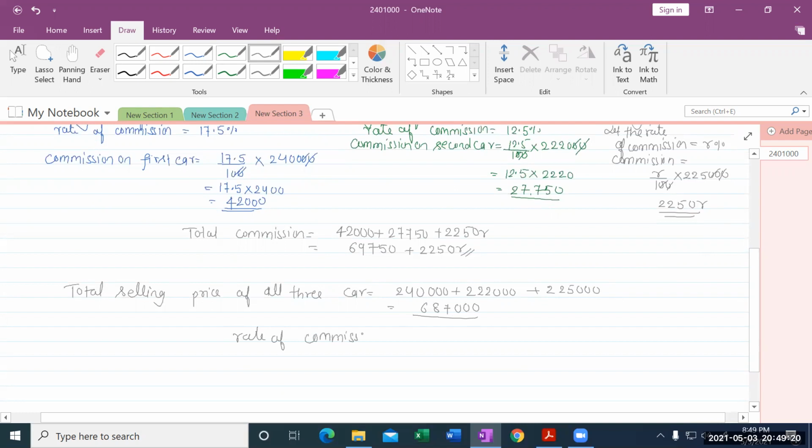So here, the rate of commission is 14%. Now I will calculate the total commission, which is nothing but 14% of 6,87,000. These two zeros will get cancelled.